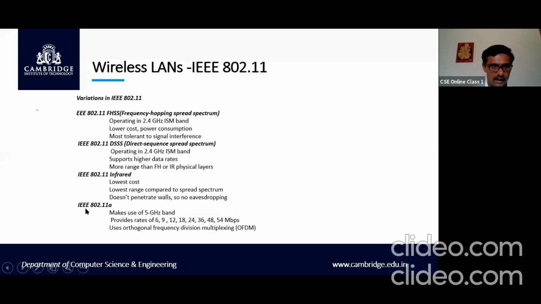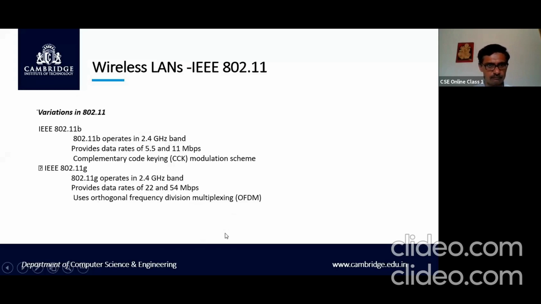Okay, similarly, IEEE 802.11a, as we discussed in the previous slide. The data rates 6, 9, 12, 18, up to 54 are possible, and it uses orthogonal frequency division multiplexing. Then 802.11b operates in the 2.4 gigahertz band and provides very high data rates of 5.5 or 11 Mbps.